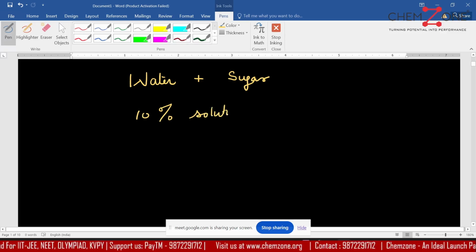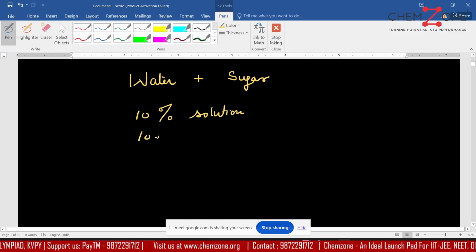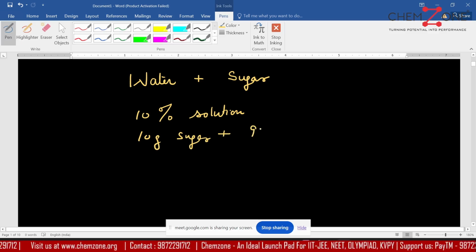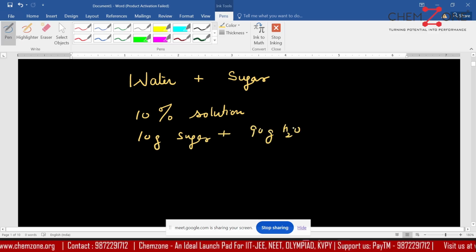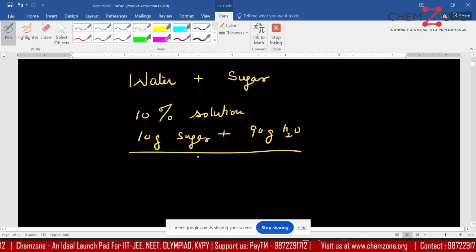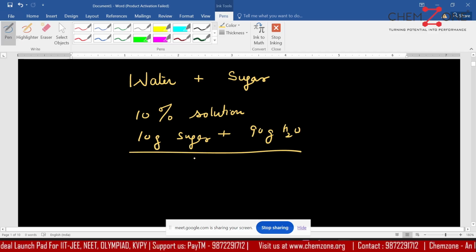That means 10 grams of sugar has been dissolved in 90 grams of water. This is the definite concentration, but this concentration can be changed.